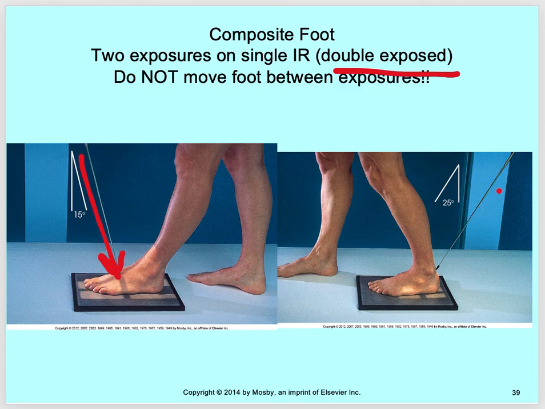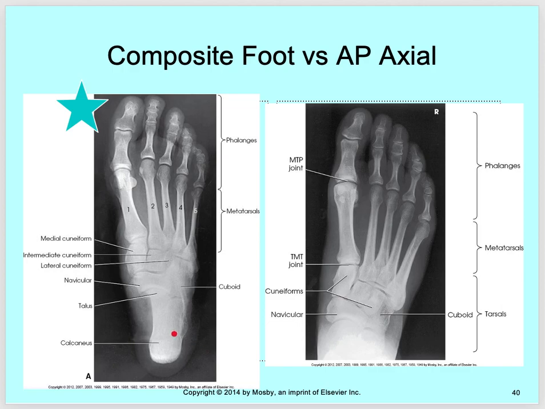The patient steps forward, and then you're at a 25 degree angle at the posterior aspect of the foot to the calcaneus. And what you end up with is a composite foot where this is what an AP foot looks like right here, where you're seeing your phalanges and your metatarsals and some of your tarsals.